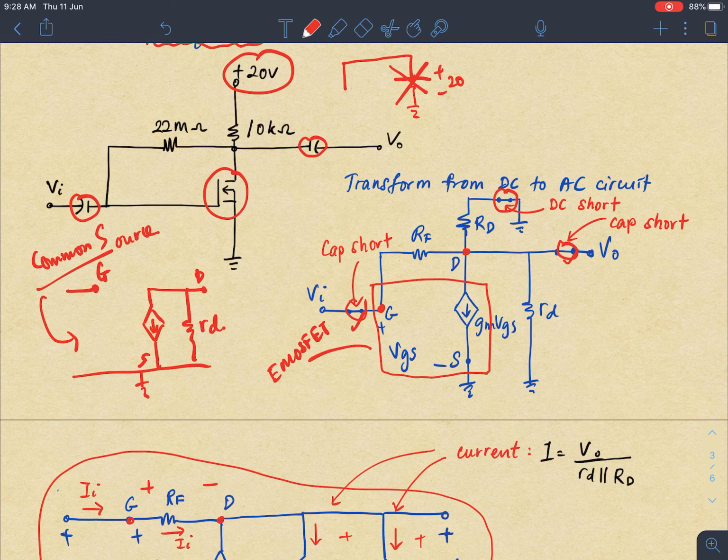Then you change it, I insert it in this circuit, so it becomes like this. Then we see that at the RD there is the ground, so we bring this ground down so that it becomes nice.